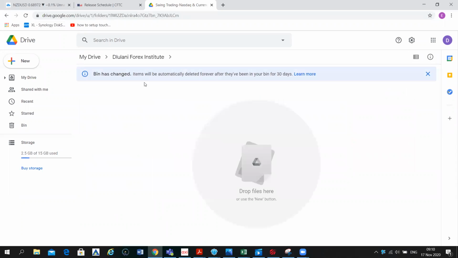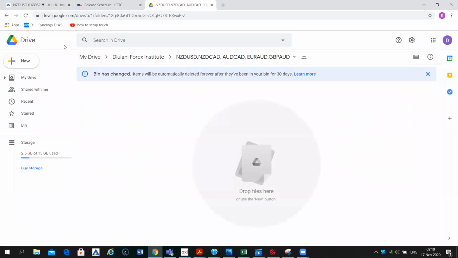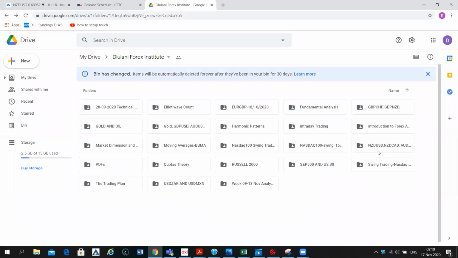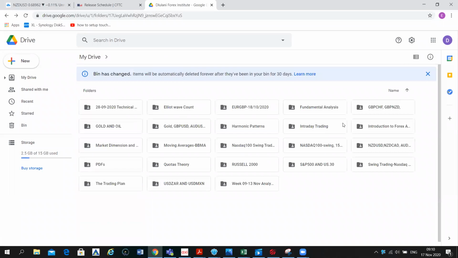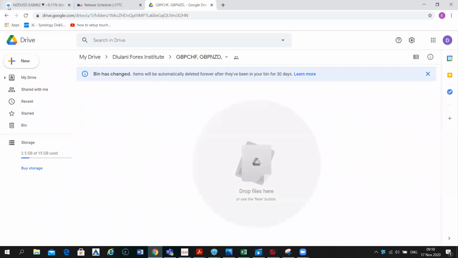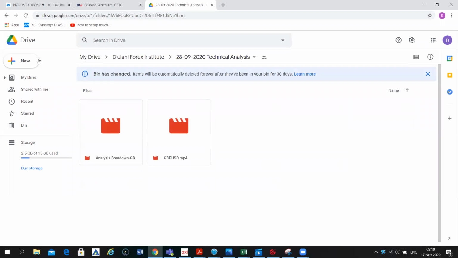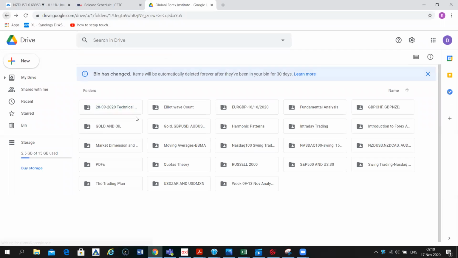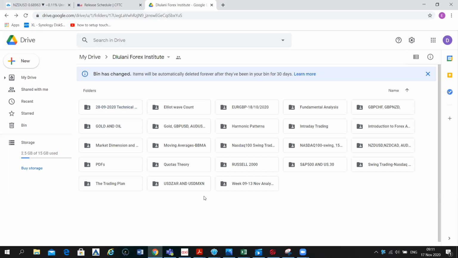Swing trading Nasdaq, nothing yet. So basically this and this are the same, I'll just delete this one. NZD CAD, NZD USD. Yeah, I have quite a lot of videos to upload. But in terms of lessons, guys, you know we've covered everything. Definitely we have.